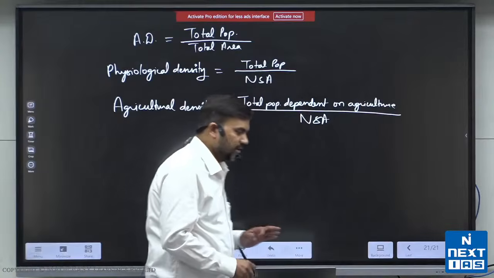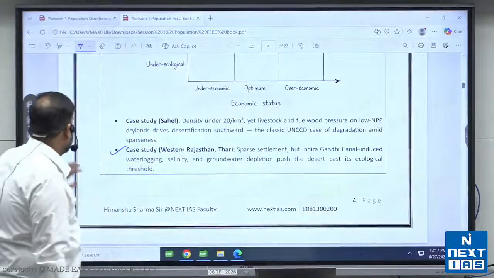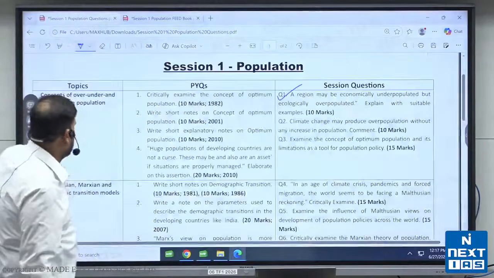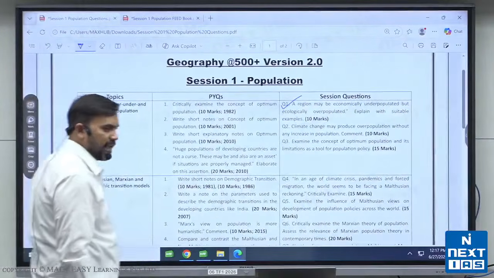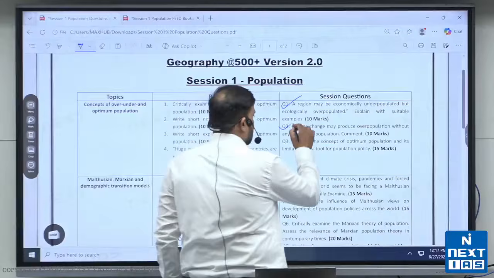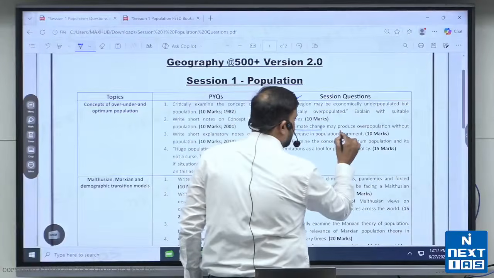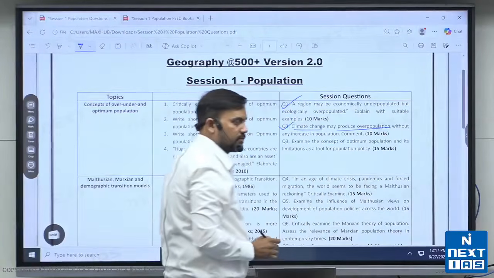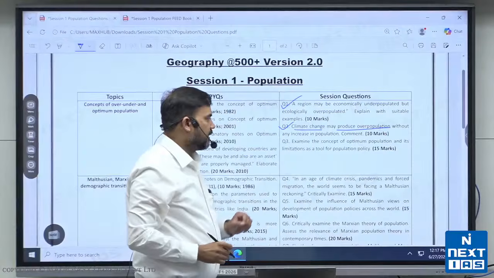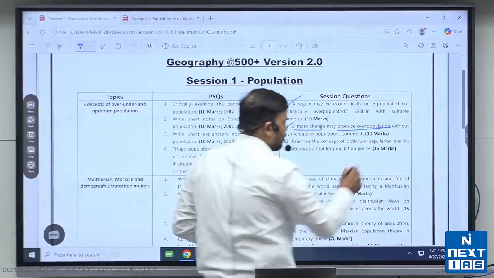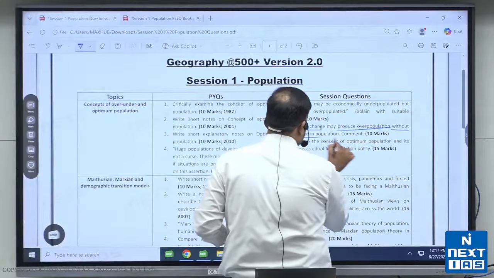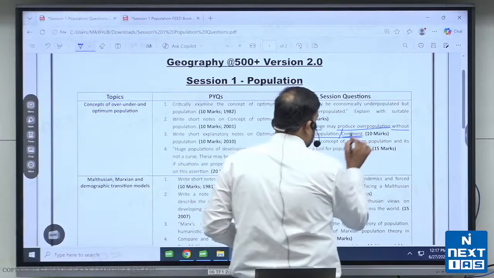एक क्वेश्चन और कर लेते हैं, then we will take a break. This is how it will keep going. So it is also a 10 marker. Climate change may produce overpopulation without any increase in population.